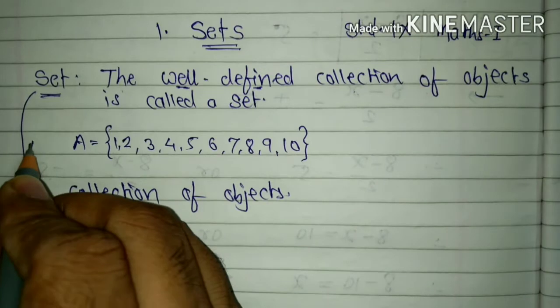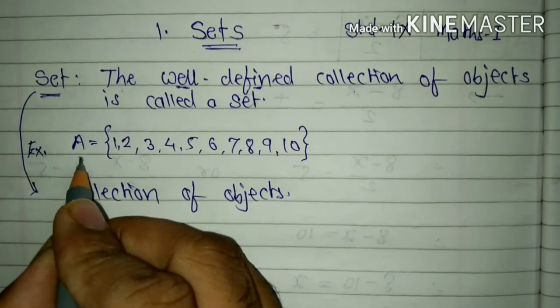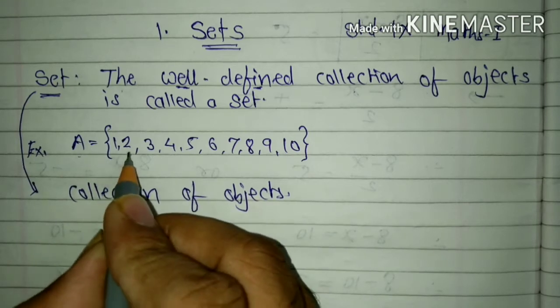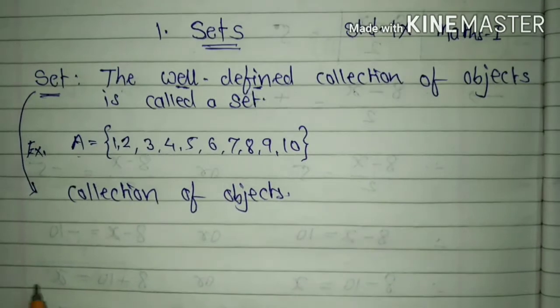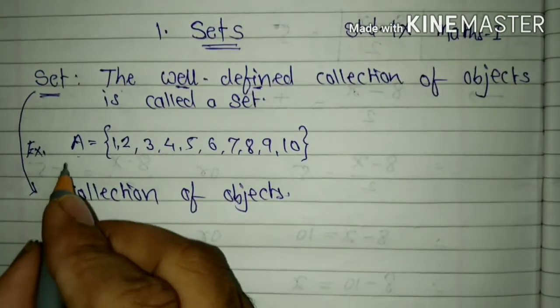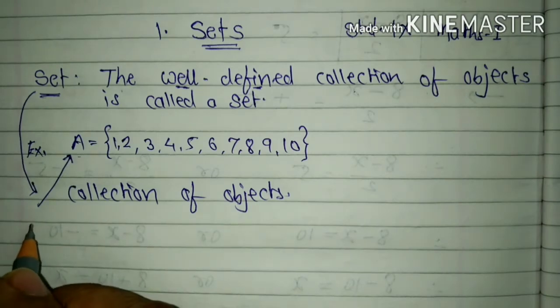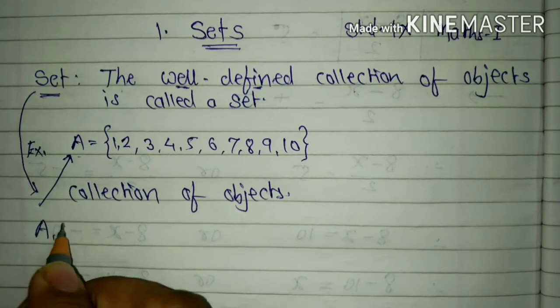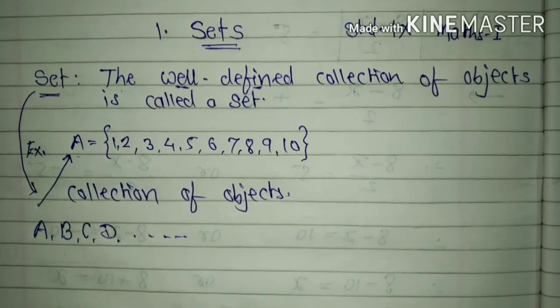Now I am taking one example of a set. Suppose A is a set of 1, 2, 3, 4, 5, 6, 7, 8, 9, 10. This is the set. See, this is the name of the set. The name of a set is always written using capital letters A, B, C, D and so on.